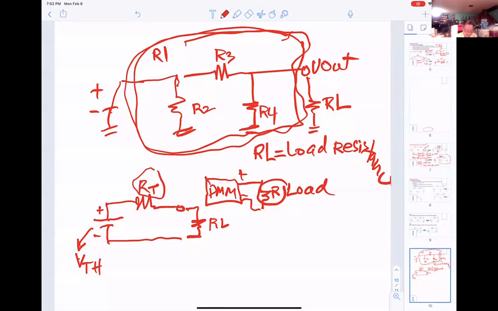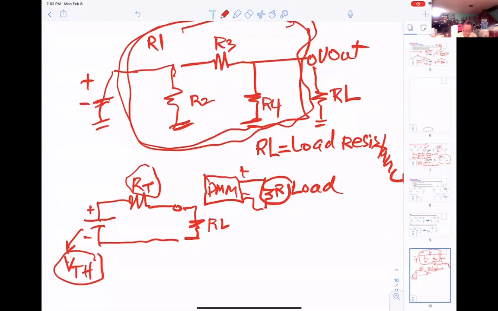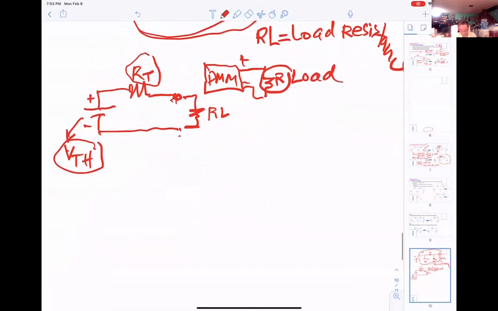And even if you have more sources here, they don't care how many sources, but they want to combine to get only one source, and that we call V Thevenin. So now I want to measure the resistance, I just connect into here, okay? Connect into here so I can measure it. That is Thevenin.